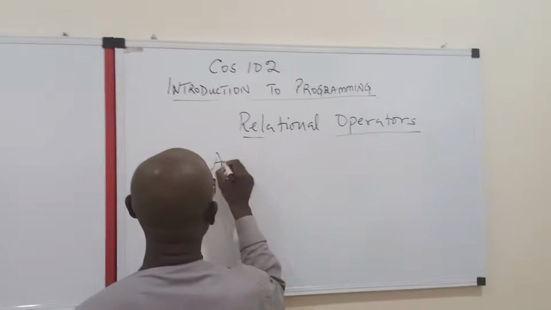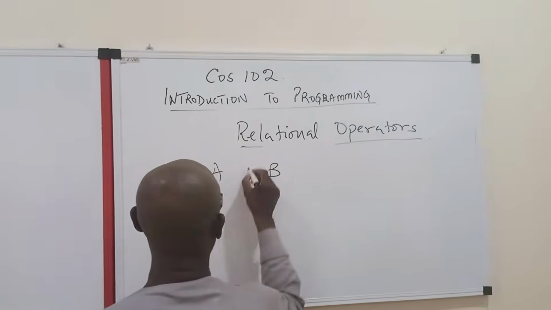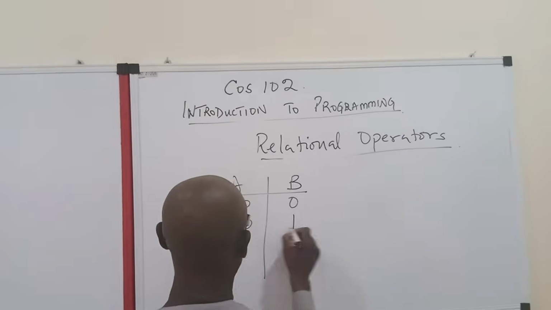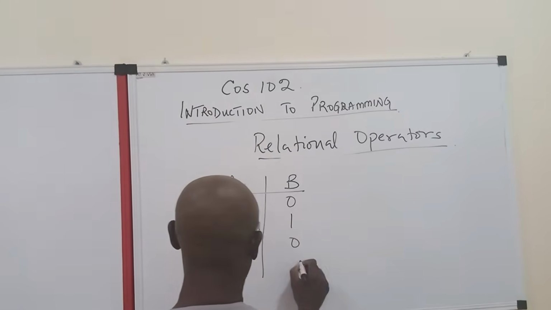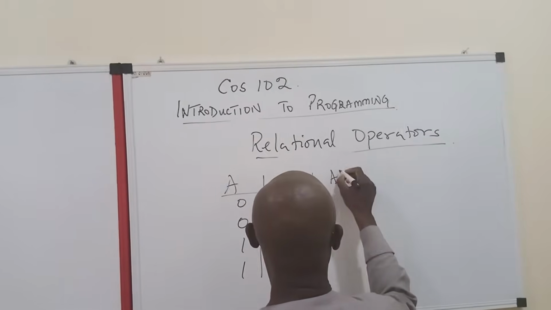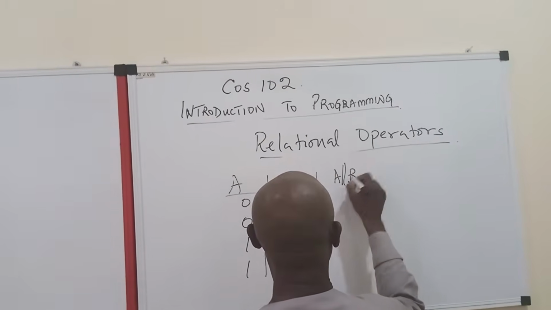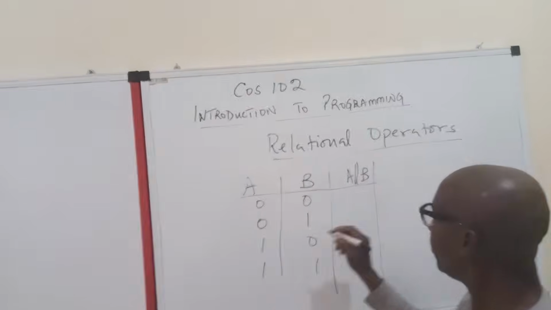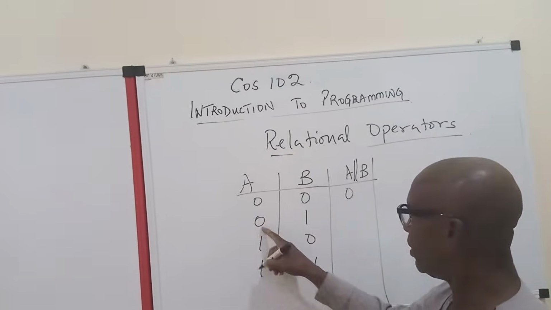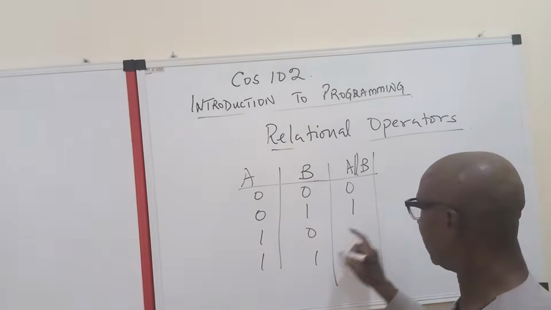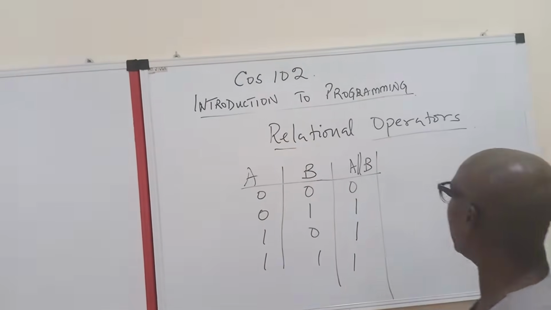If we have A and B, we have 0, 0, 0, 1, 1, 0, 1, 1. We have A or B: 0, 0 will give us 0, 0, 1 gives 1, 1, 0 will give us 1, and 1, 1 will give us 1.